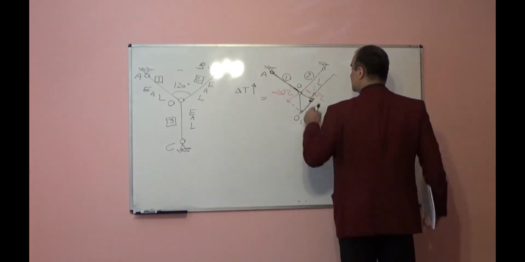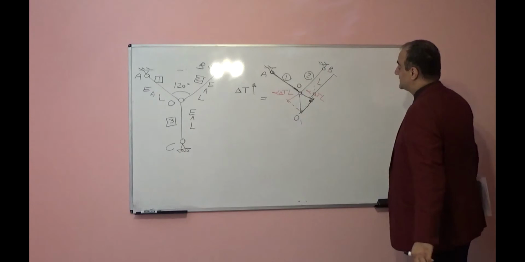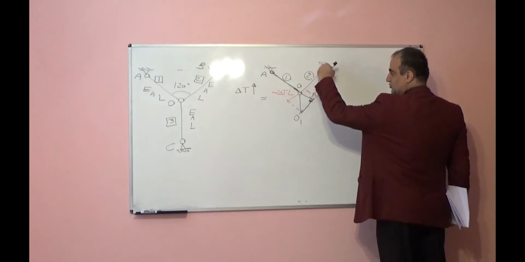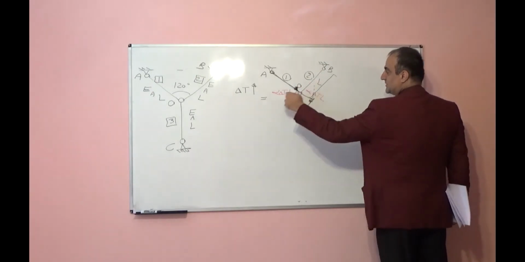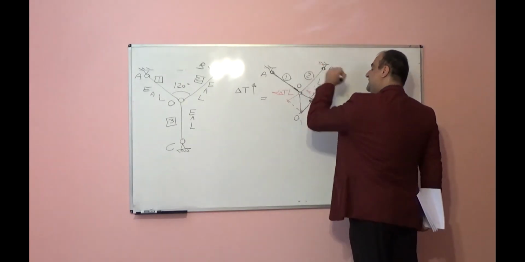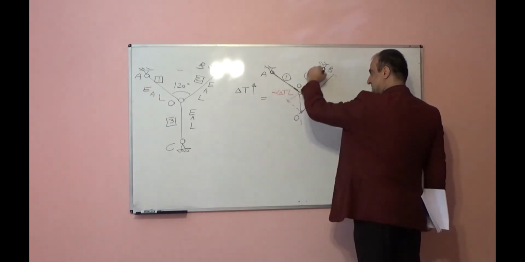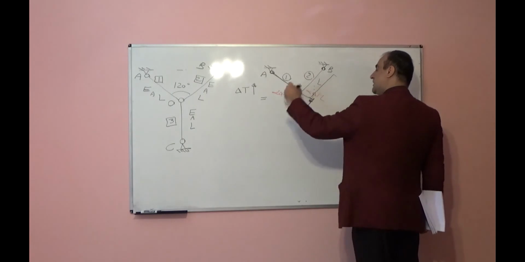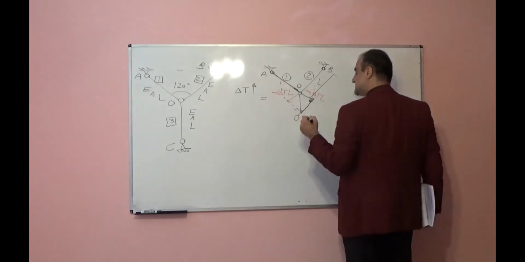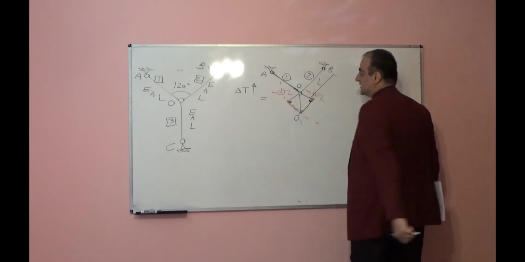We should do similar things for this side, B. The new length of this rod is L plus alpha delta TL. So with center B and radius L plus alpha delta TL, we should draw another arc like this. Again in the small deformation range, that arc will be perpendicular to that rod direction.